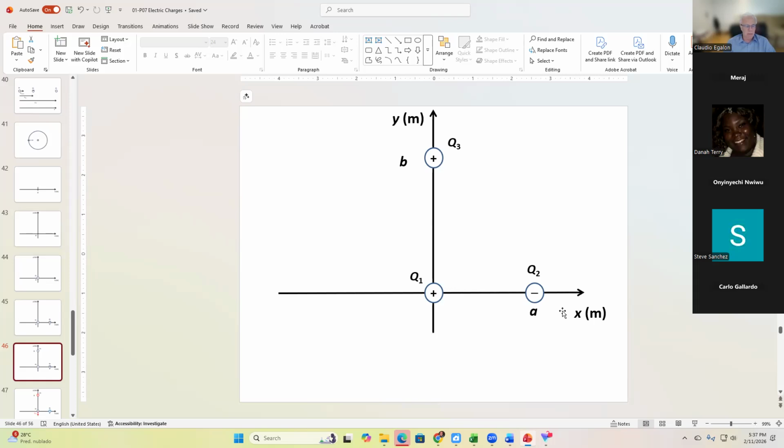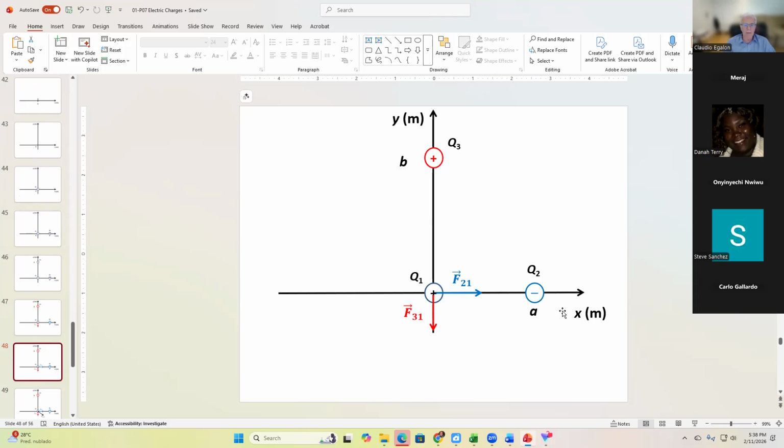Because Q3 is positive, the force between Q1 and Q3 is going to be repulsive. So we can come up with the forces being applied on charge number 1. This is a repulsive force, F31, F of 3 applied to 1. And then we are going to have the force of 2 applied to charge 1.